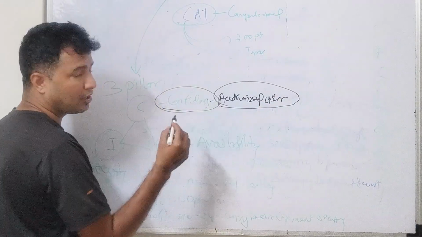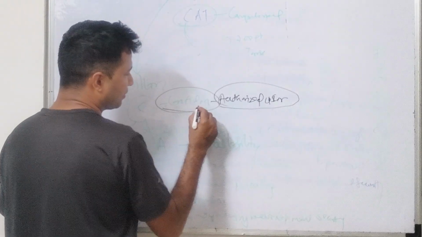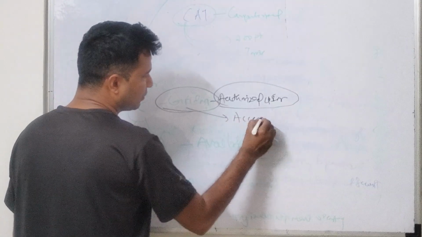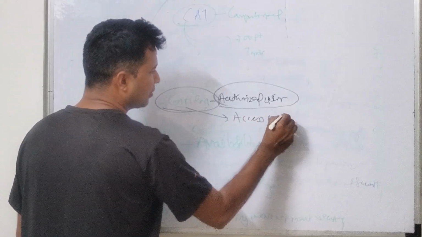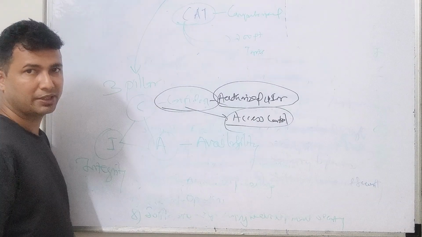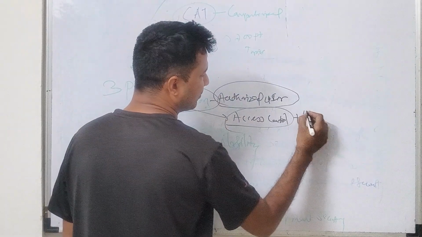What are the main components we are looking at here? We can implement access controls, managing permissions and everything like that, plus we have encryption.